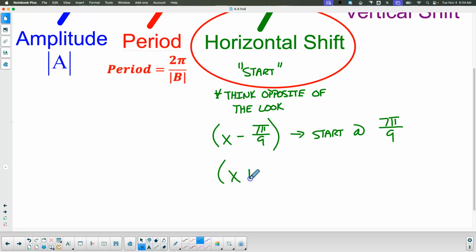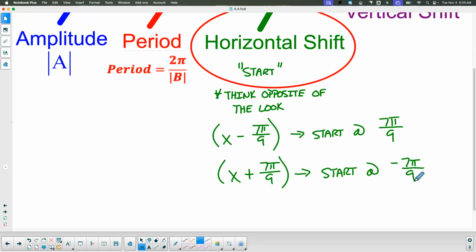If it looks like x plus 7 pi over 9, then your start would be at negative 7 pi over 9. Okay? It's opposite thinking because it's inside that set of parentheses.